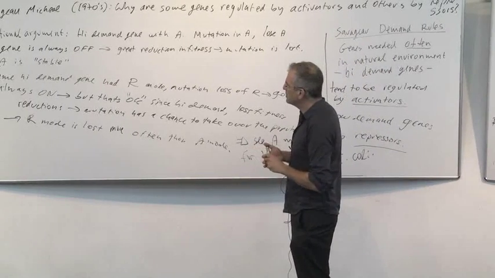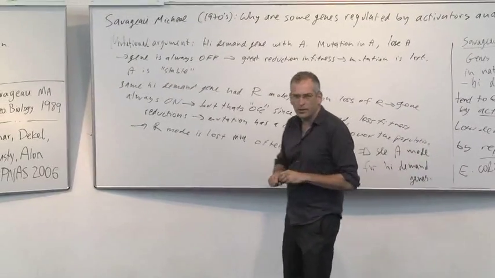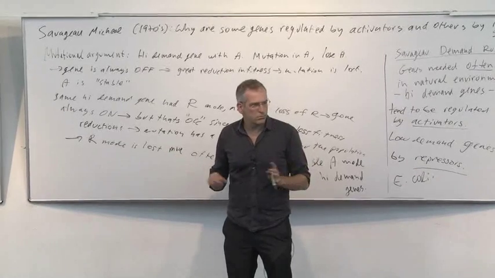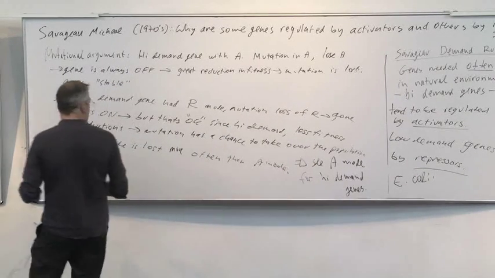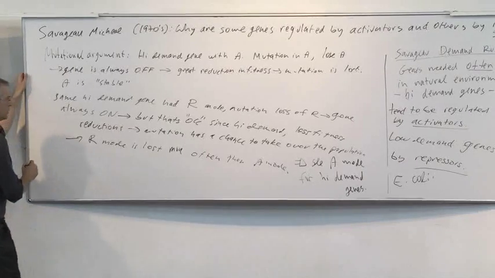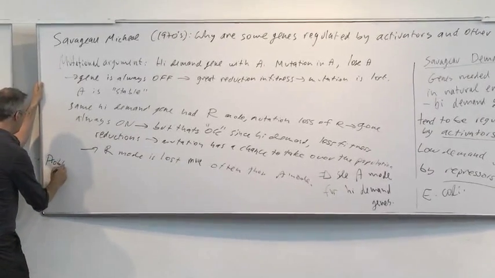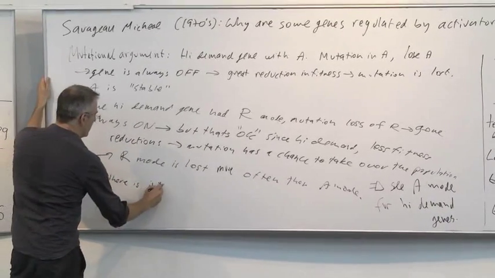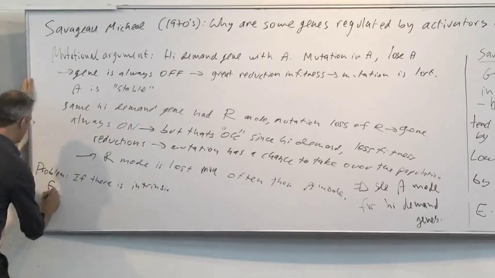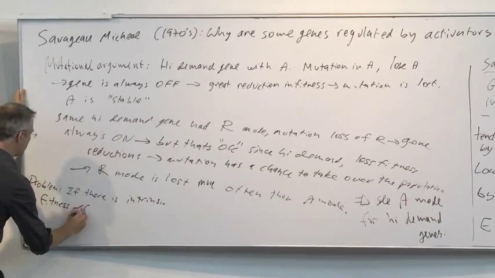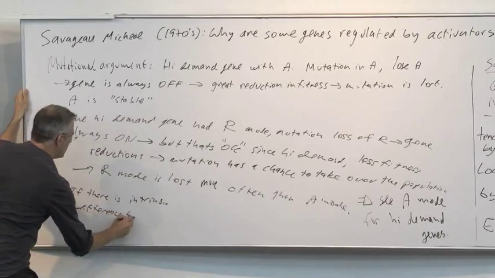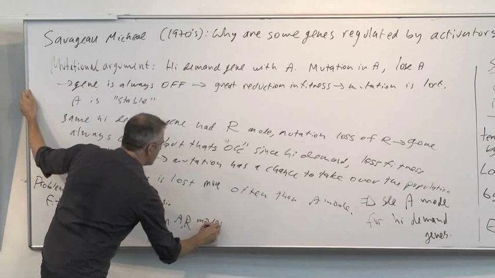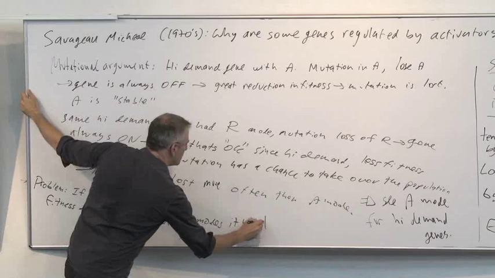because, well, any questions about this explanation? The problem is, if there is an intrinsic fitness difference between the A and R modes, it will take over.